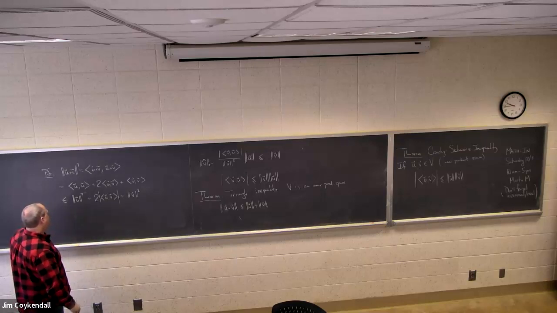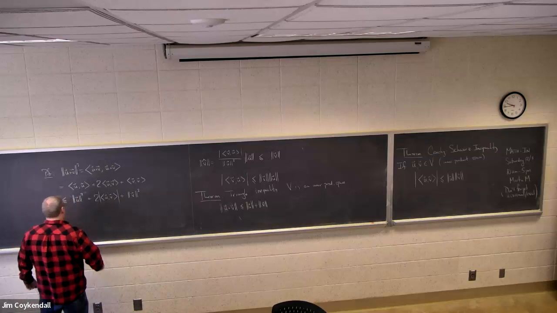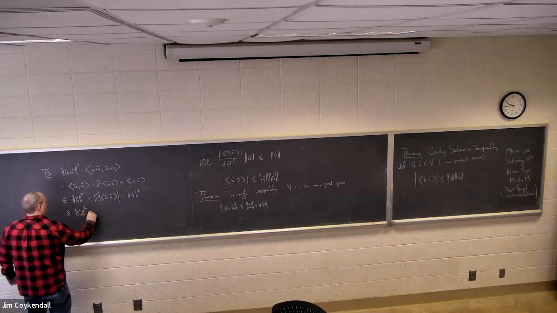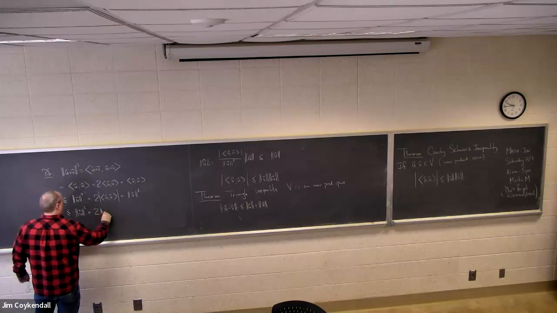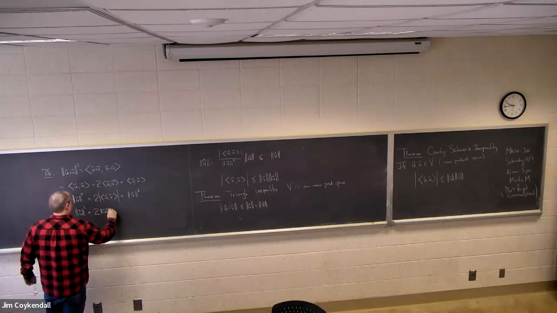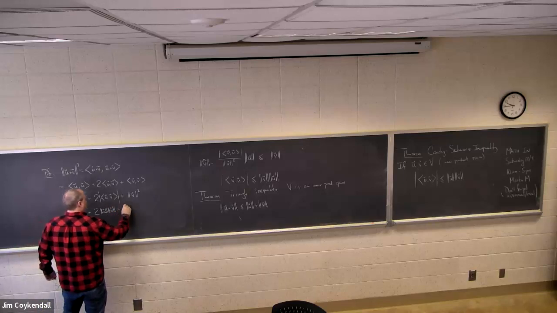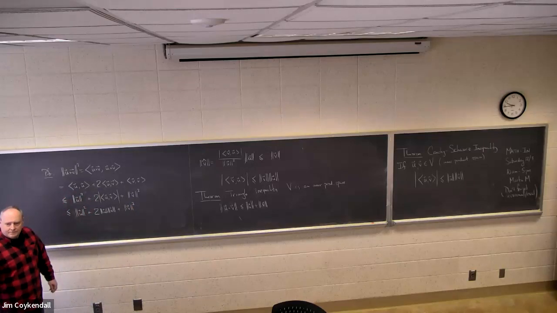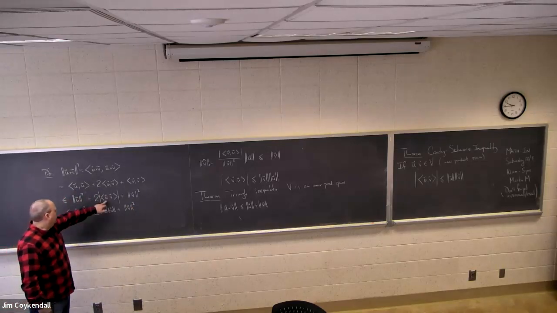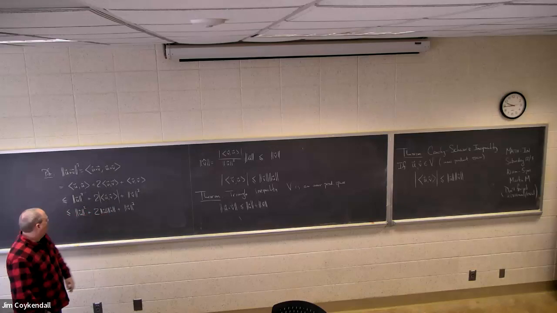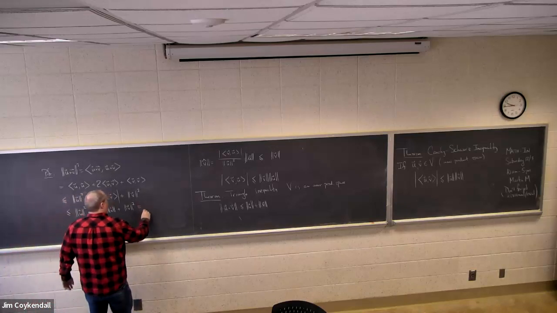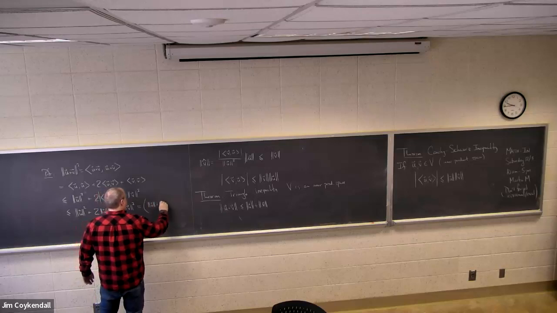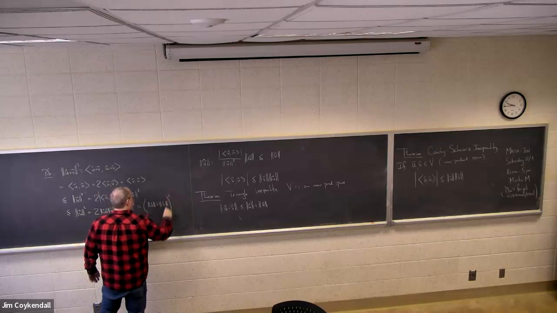Notice that this, by the Schwarz inequality, is less than or equal to length of U squared plus 2 length of U, length of V, plus length of V squared. Because this thing is smaller than this thing by the Schwarz inequality. And this is the length of U plus the length of V, squared.